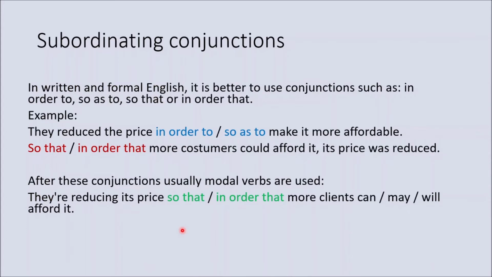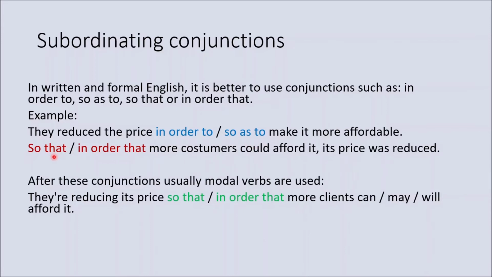In written and formal English, it is better to use conjunctions such as in order to, so as to, so that, or in order that. And we can read the examples. They reduce the price in order to make it more affordable, so as to make it more affordable.